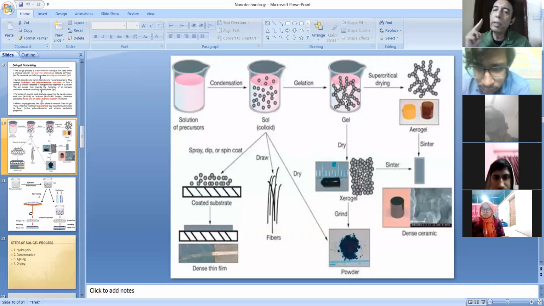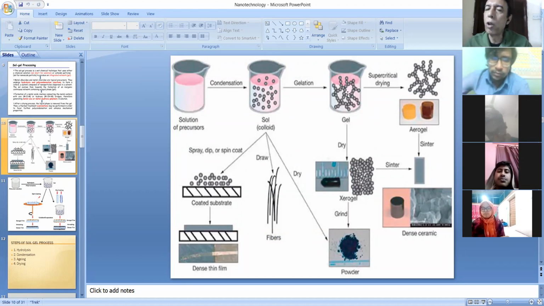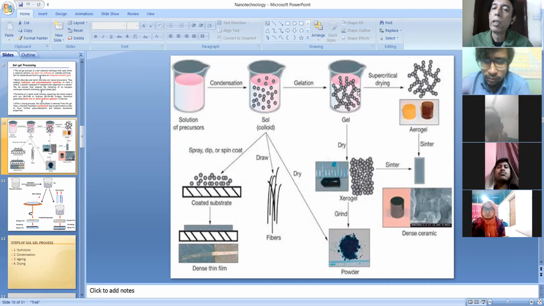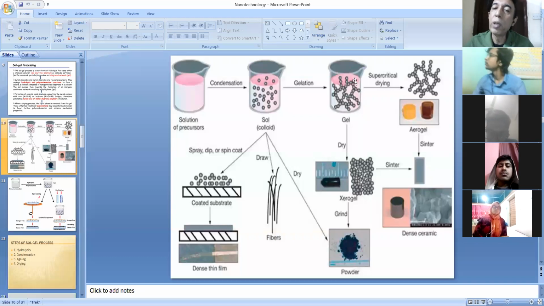Now, you can dry this gel in two ways. One is called supercritical drying, where the liquid is evaporated, but the three-dimensional network of the salt remains. That is called supercritical drying.